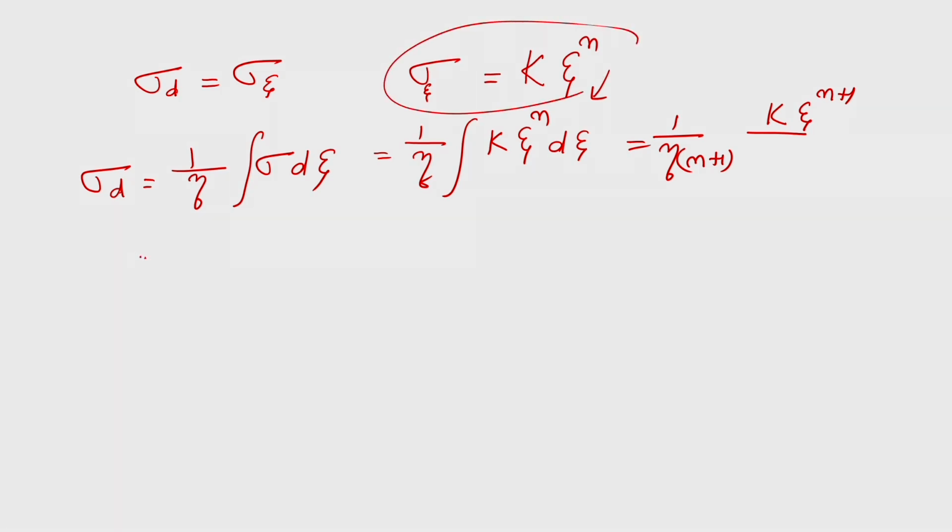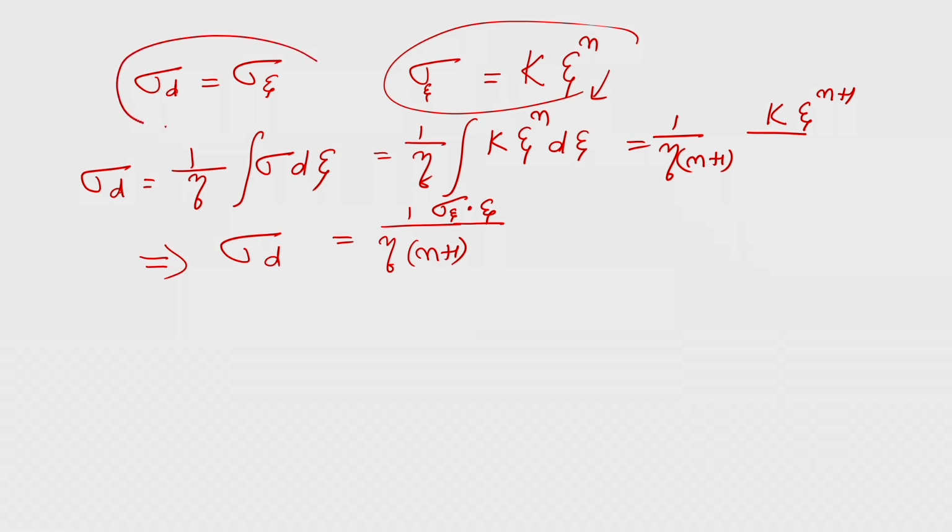So, we can say sigma d is equal to 1 by eta into n plus 1 into sigma epsilon into epsilon, and this is the condition for failure.